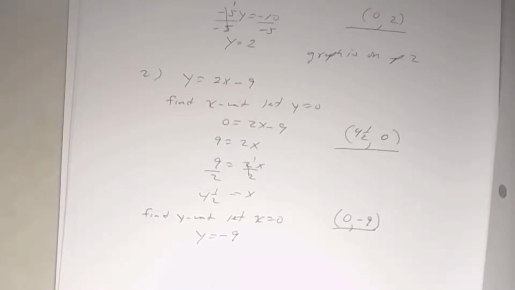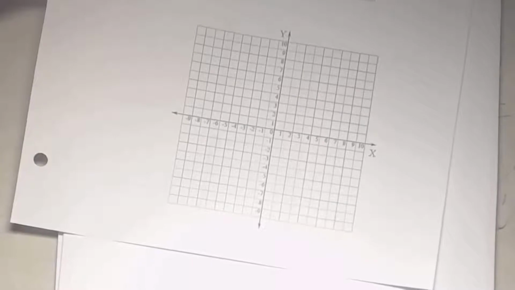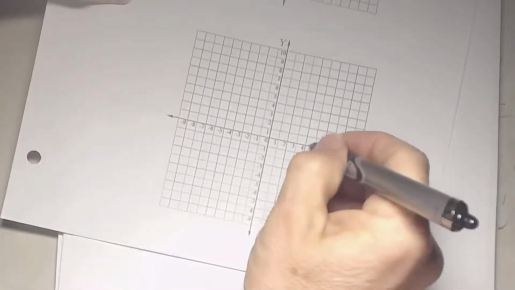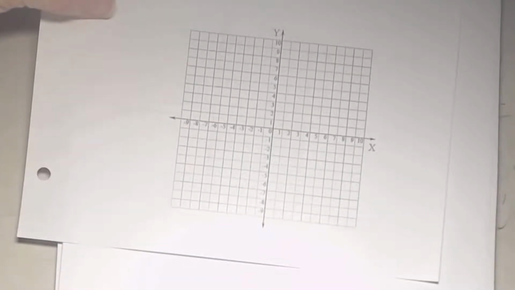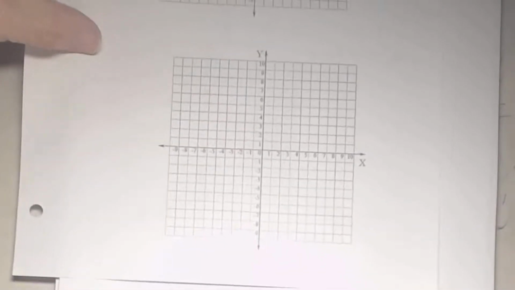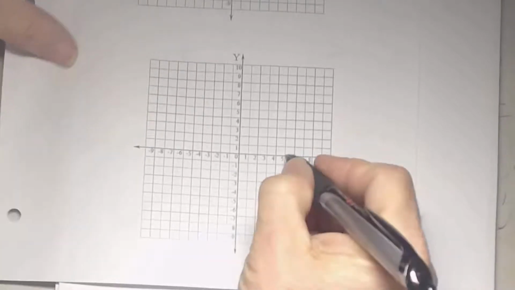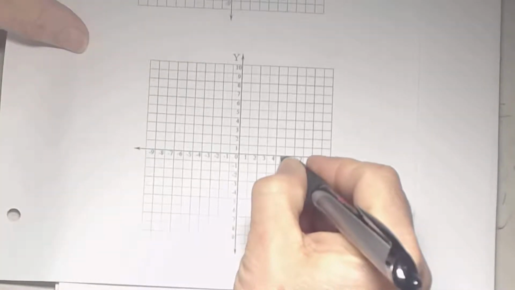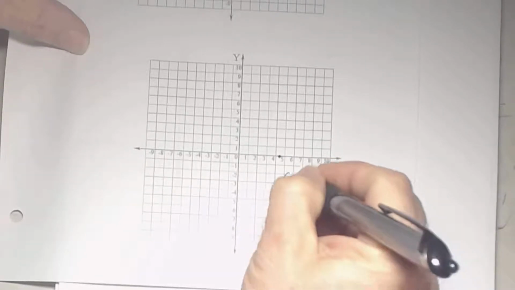And then you plot those 2 points. So 4.5, 0. So 4.5, 0 is right in the middle of 4 and 5. So just kind of estimate. You can't see it here. Let me, if I expand it, you could probably see it a little bit better. So 4.5 is about here, let's say. And so that's 4.5 comma 0.